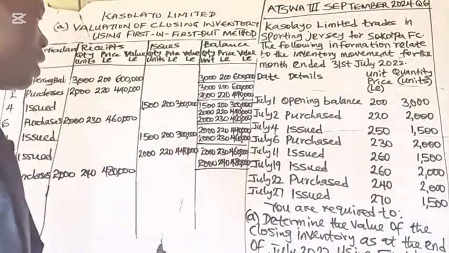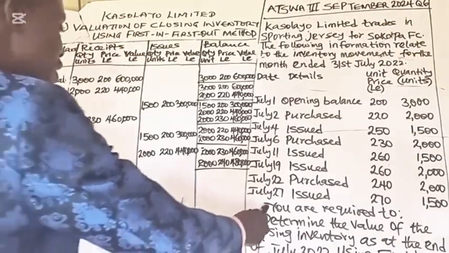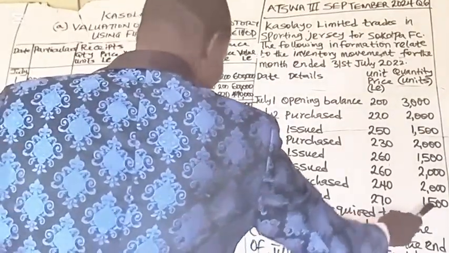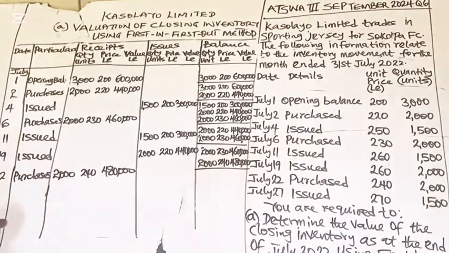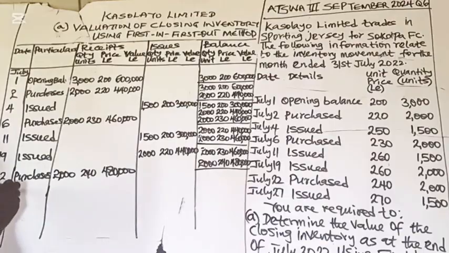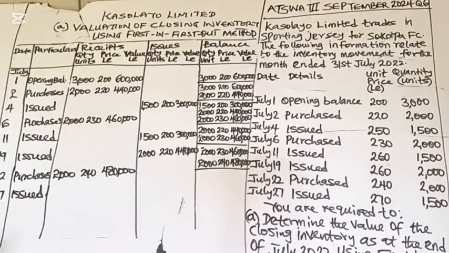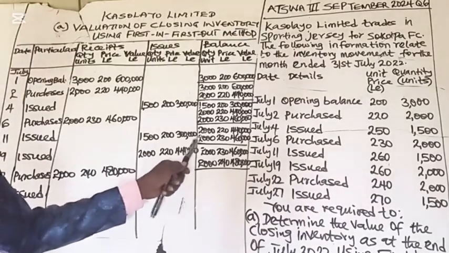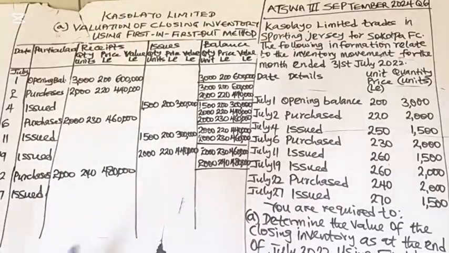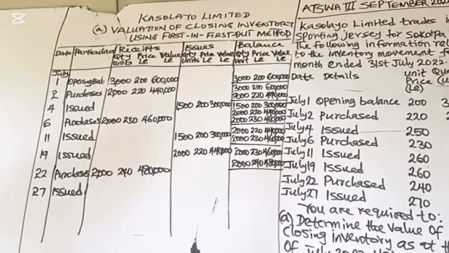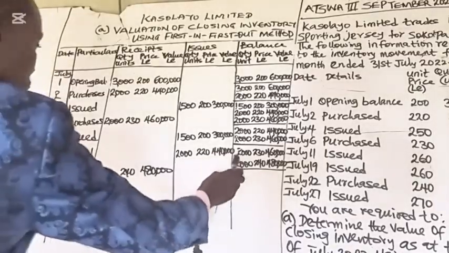So the quantity in the store has now increased to 4,000 again. Then on the 27th of July, you want to issue 1,500. Remember, you want to make your issue from the oldest batch in the stock. And the oldest batch is 2,000.